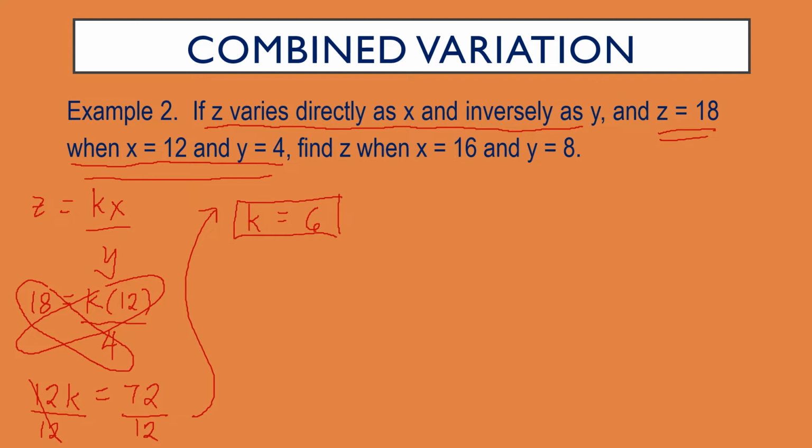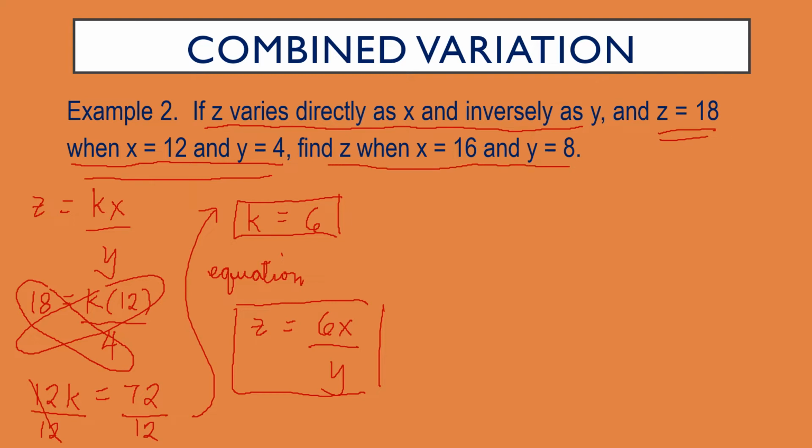Since 6 is the constant of variation, the equation of the variation now is z is equal to 6x over y. Now, using the equation of variation, we will solve for what is being asked in the problem.